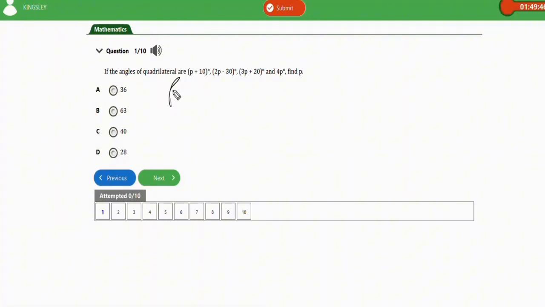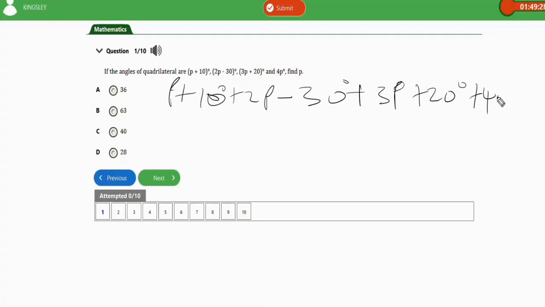This will give you P plus 10 degrees plus 2P, plus minus 30 degrees plus 3P, plus 20 degrees plus 4P equals 360 degrees.